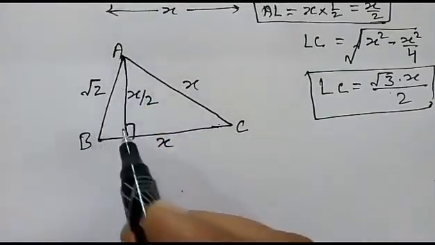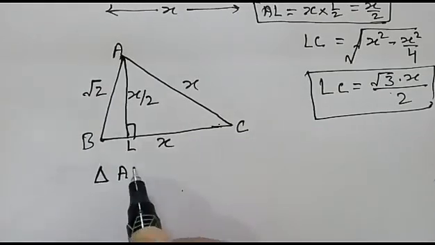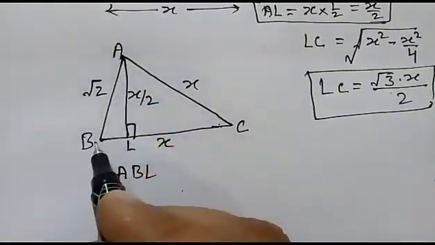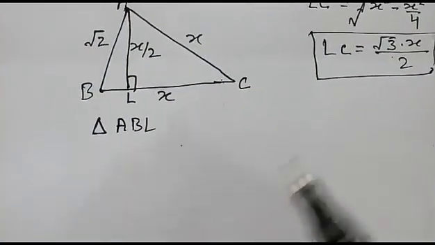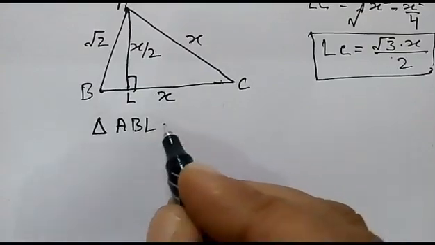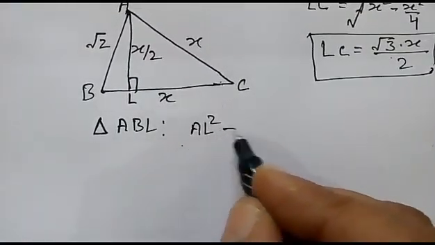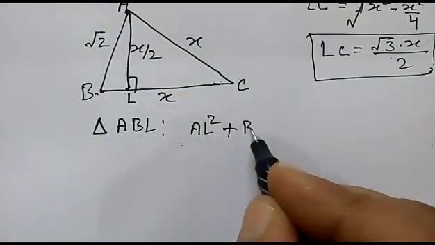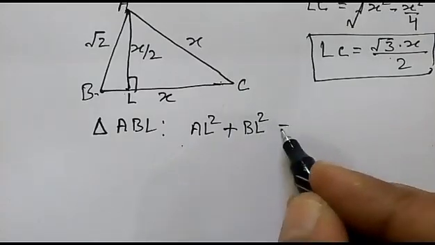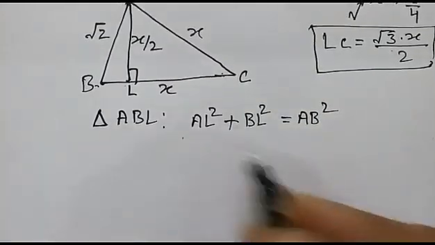Now we will take this triangle ABL, right? So AL square plus BL square will be equal to AB square, right?